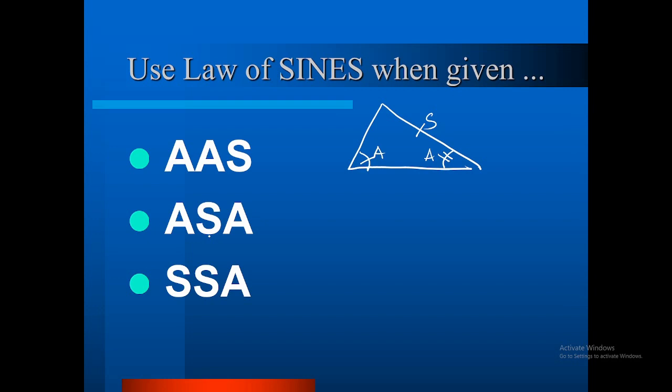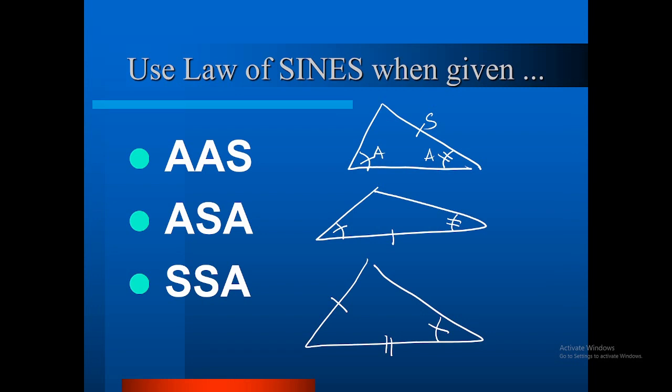This is an angle, a side, and another angle. That's ASA. The third one is SSA. We have a side, a side, and an angle. So take note, these are the three situations kung kanus-a gamiton ang sine law. It's either AAS, ASA, or SSA.